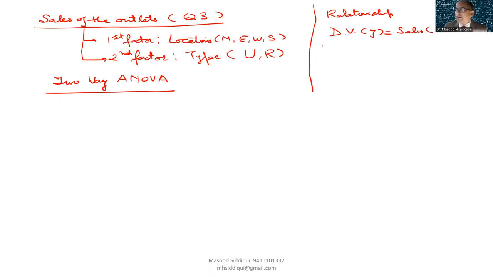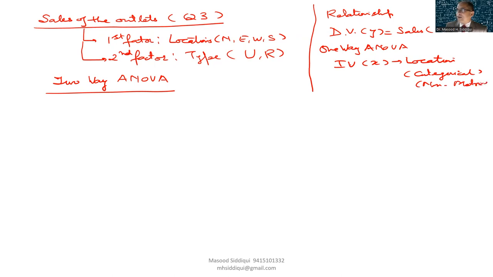In one-way ANOVA, the independent variable was location, and as we remember, location is categorical or non-metric. So one-way ANOVA can be termed as a study of relationship where we have two variables: the dependent variable, which is metric in nature, and the independent variable, which is non-metric in nature.